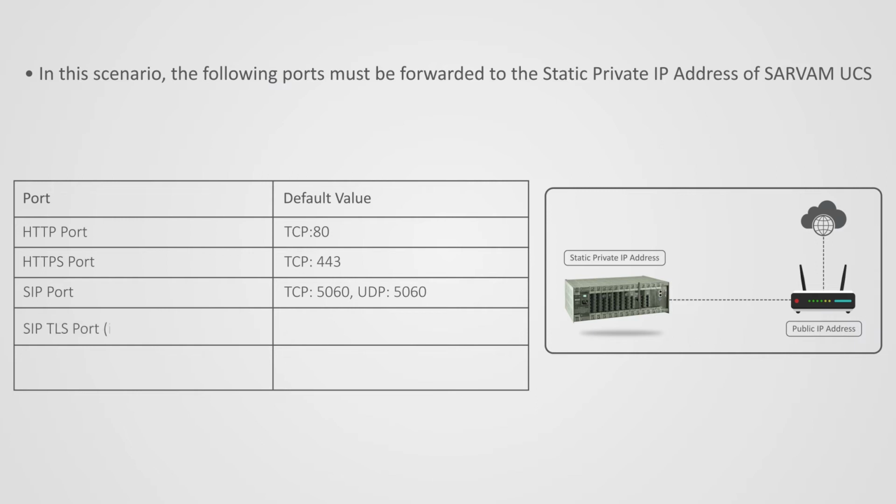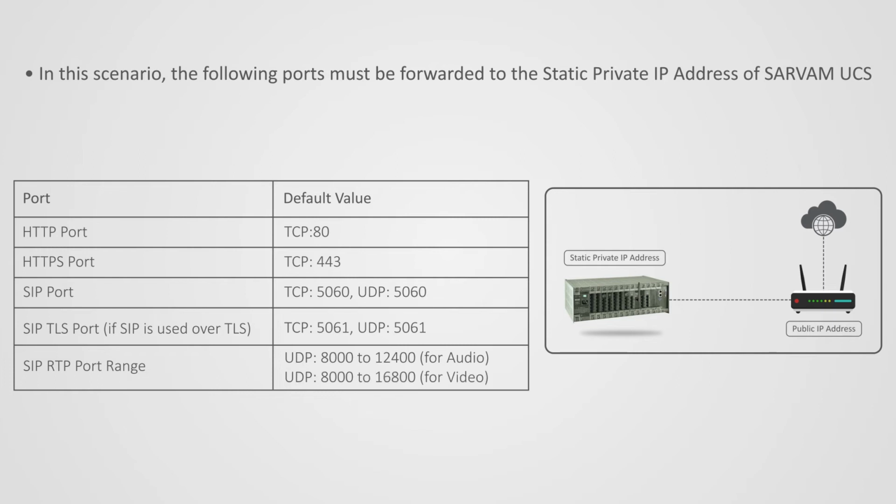SIP TLS port, if SIP is used over TLS, that is, TCP 5061, UDP 5061. SIP RTP port range, that is, UDP 8000 to 12400, for audio, and UDP 8000 to 16800, for video.